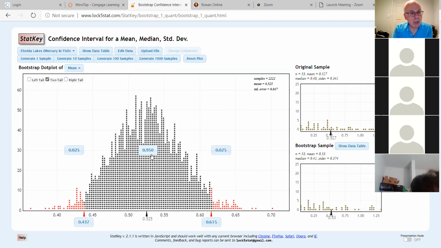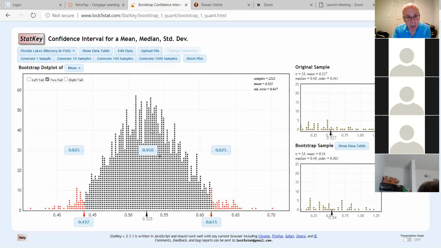And again, the default is a 95% interval. That interval will run from 0.437 all the way up to 0.615. That's our 95% confidence interval from a bootstrap sampling.